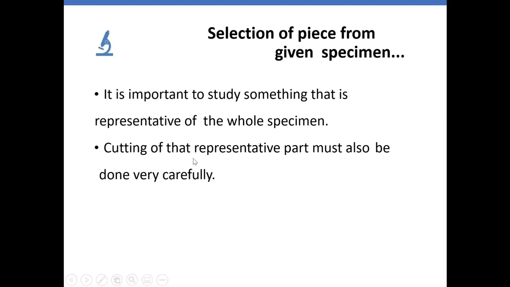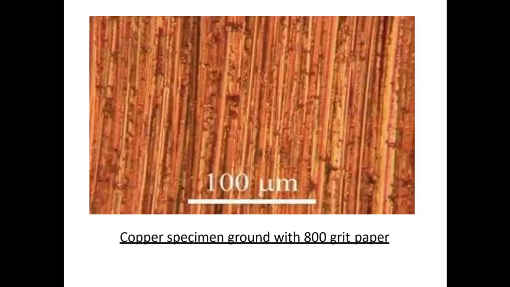Next, cutting up that representative part must also be done very carefully, as it is representing the whole specimen, or the whole part. You have to be very careful while cutting. So this is a microscopic examination of a copper specimen ground with 800 grit paper.